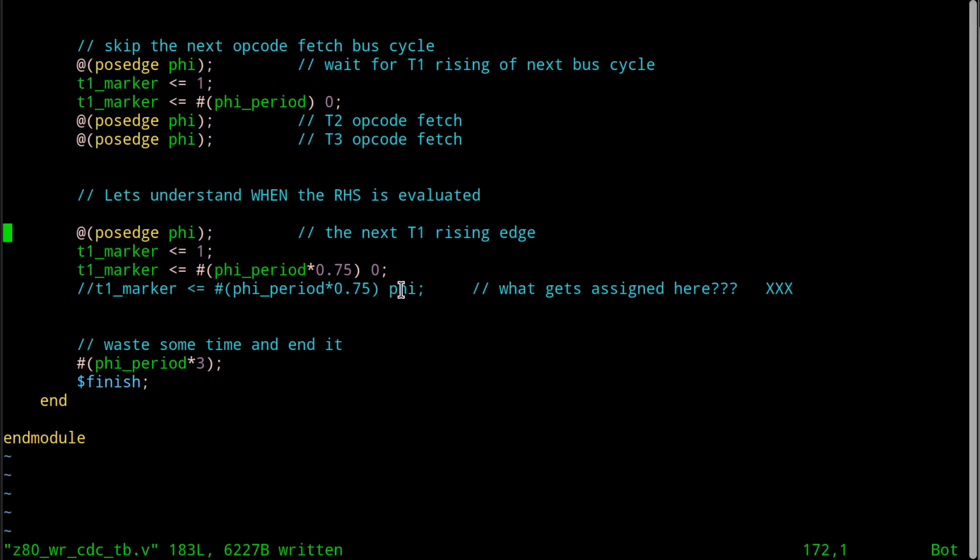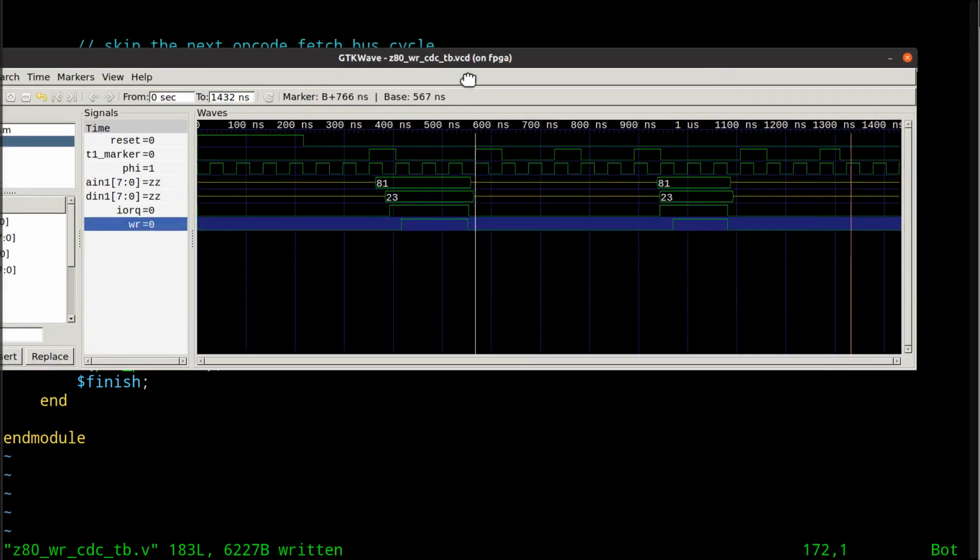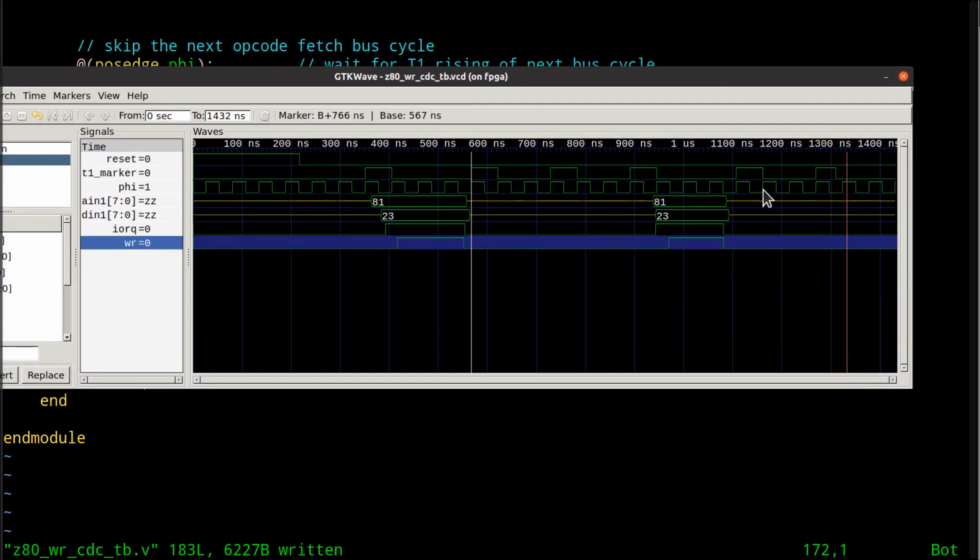I'm actually going to, down here I put phi into the T1 marker. Up here I put 0 into the T1 marker at 3/4 of a period after the positive edge of phi here. All right, so what this is going to do is it'll put a T1 marker just like we see all these others here. But this one, in fact, you can see it.